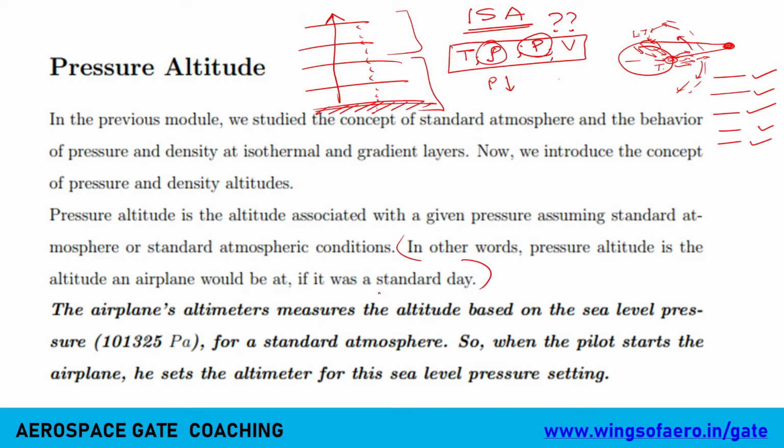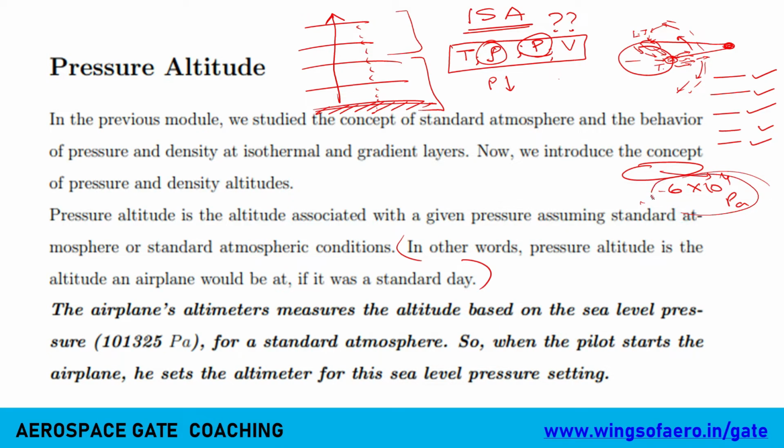What does it mean? Can you explain? Ma'am, check the pressure at ISA and then give the altitude according to the pressure. Very good. So for example, in your reading you got some value like 6 into 10 power 4 Pascal.